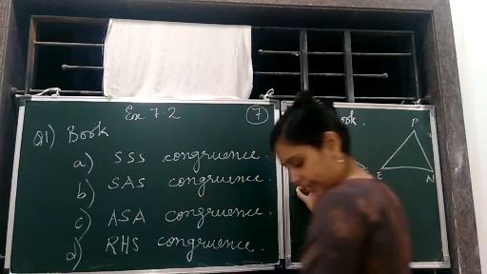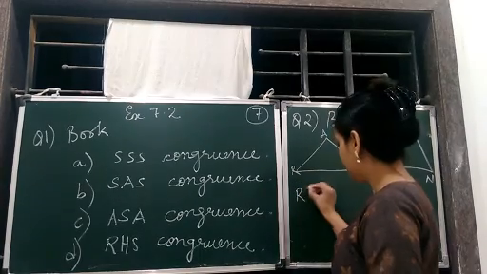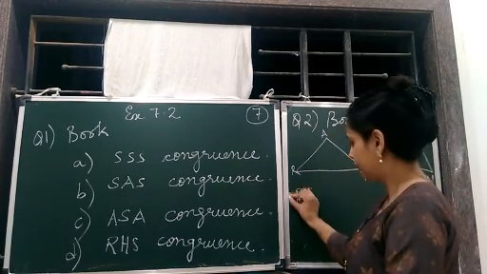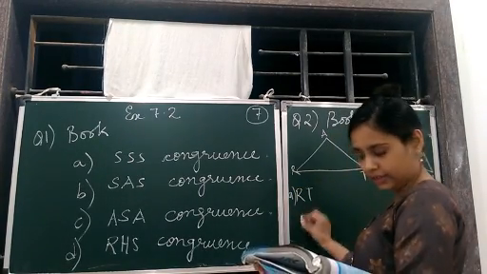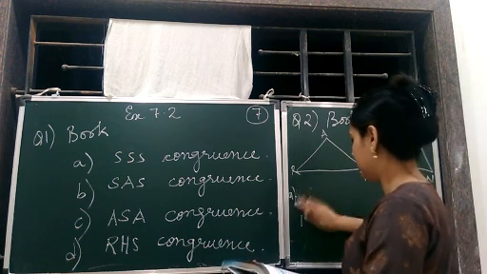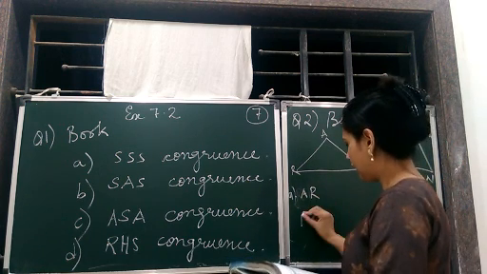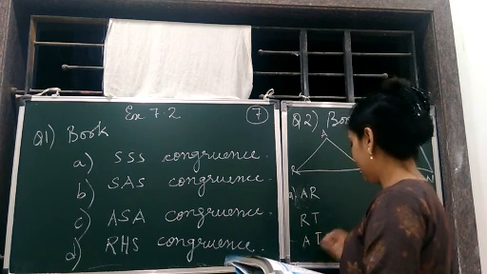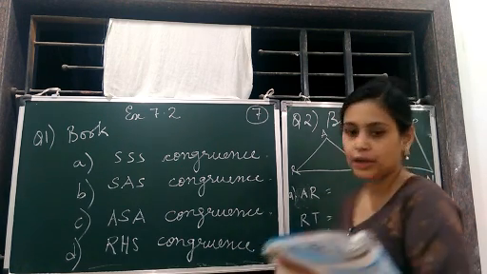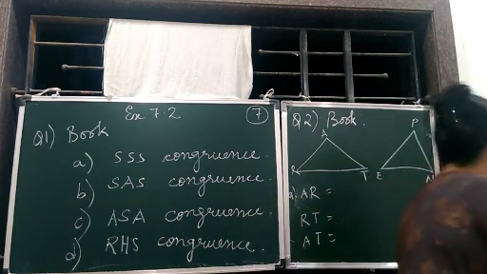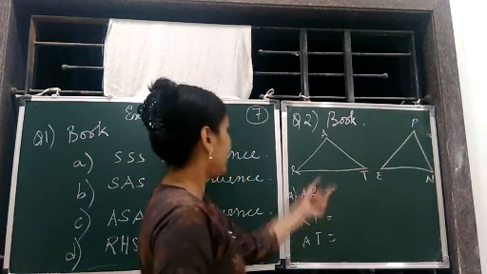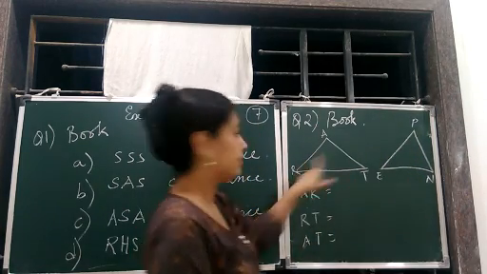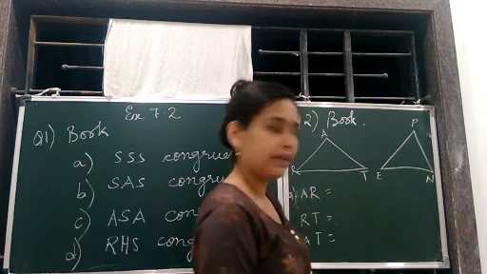Which side is equal to AR? Which side is equal to RT and which side is equal to AT? So we have to write, there is space given. Which side is equal to AR? PE.